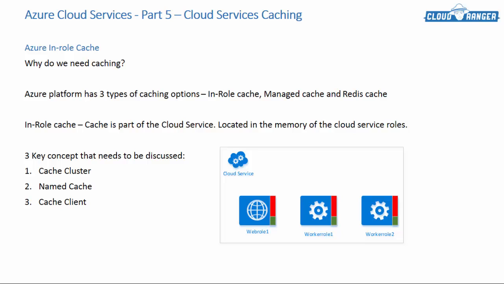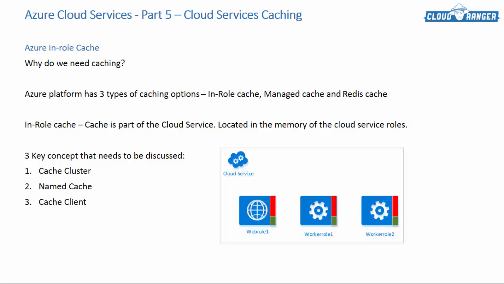The in-role cache is actually part of the cloud service, and that's why we're going to discuss it, since this is a topic on cloud services. It's called in-role cache because the caching is located in the memory of the cloud service roles.